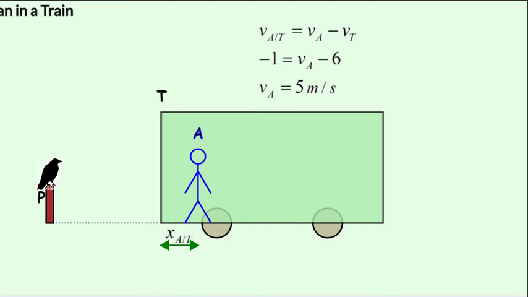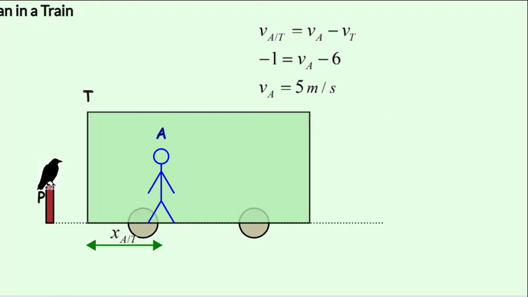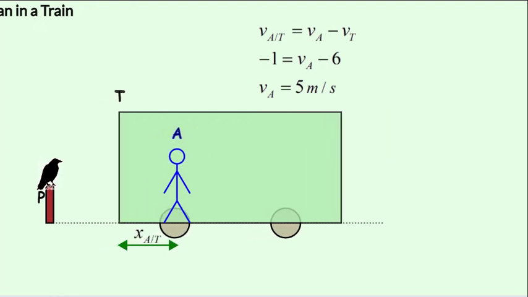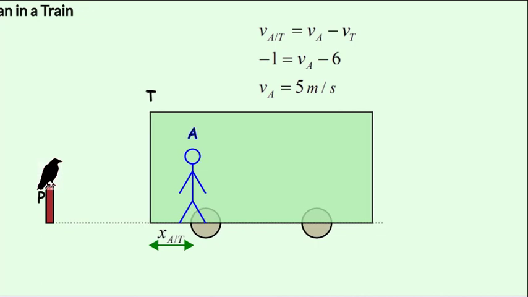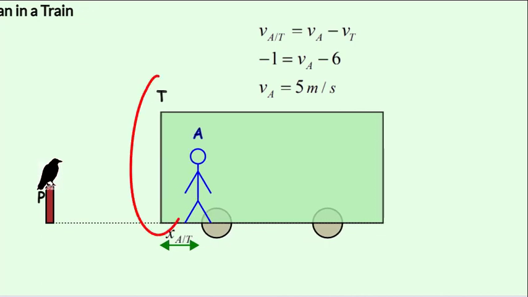Let's now try to extract the significance of these numbers from the stationary observer's point of view. To the bird or observer on the ground, the velocity of the train would be 6 meters per second to the right, so the left wall of the train compartment moves away from the observer at the rate of 6 meters per second.